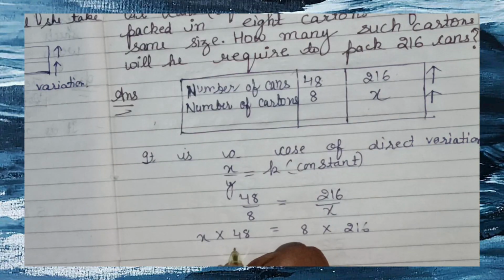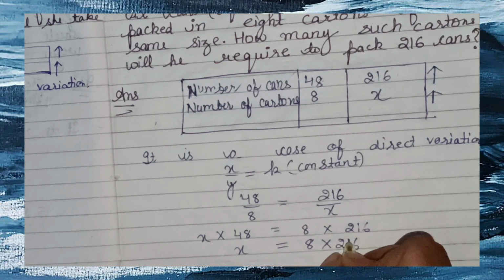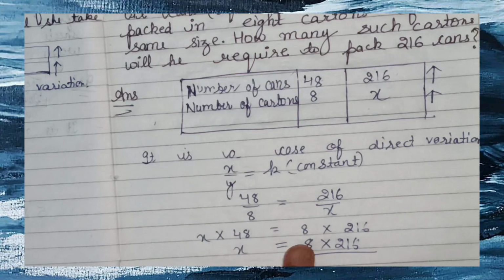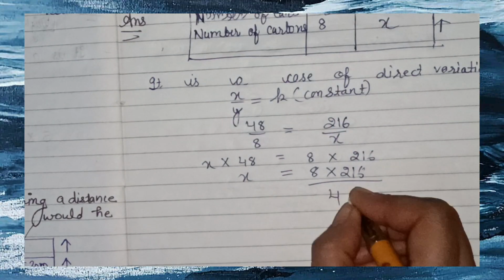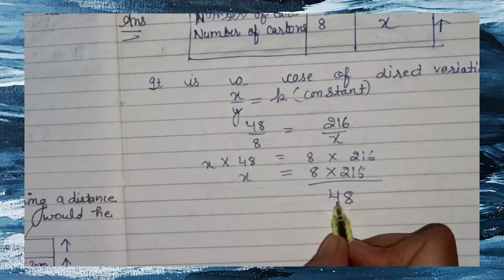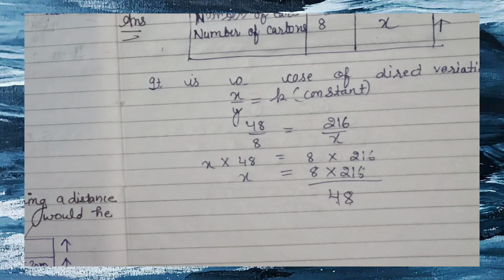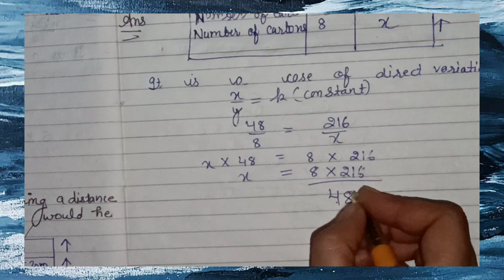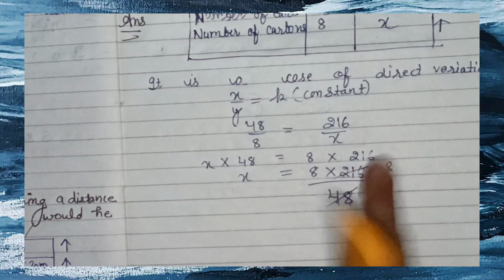So x is equal to 8 multiplied by 216 upon 48. In the multiplication, it becomes division here. So I write 48 here; it is divisible by 2 because it has an even number at the ones place. 2 2s are 4, 2 4s are 8, 2 1s are 2, 2 8s are 16.